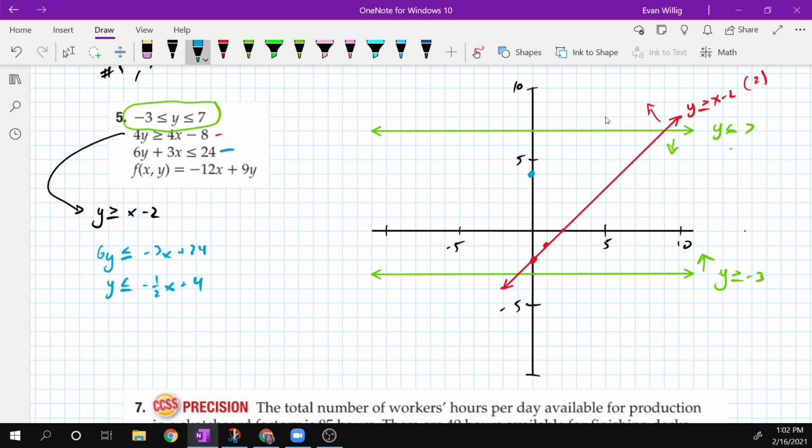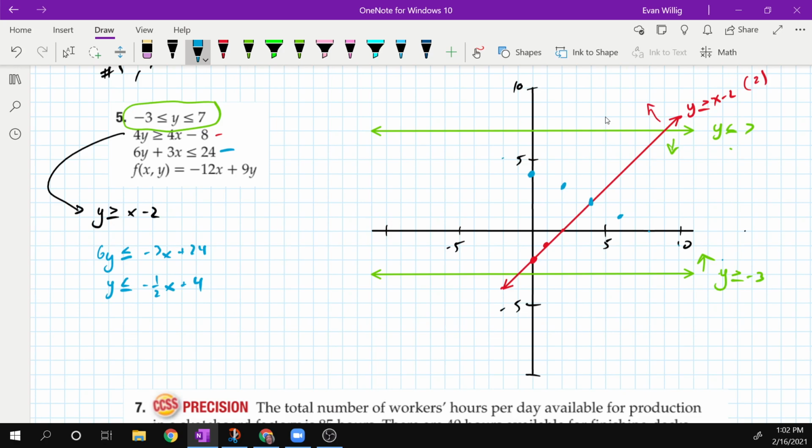It's a y-intercept of 4 and a slope of negative 1 half. So down 1 to the right 2, down 1 to the right 2. Ooh, look at that. That looks like a nice point right there. Oh, wait, it's below this line?